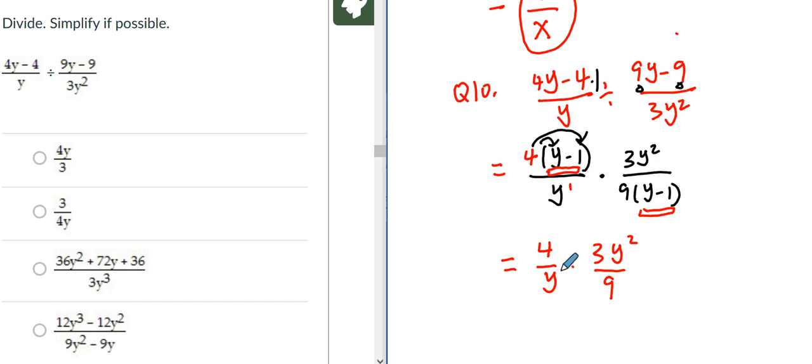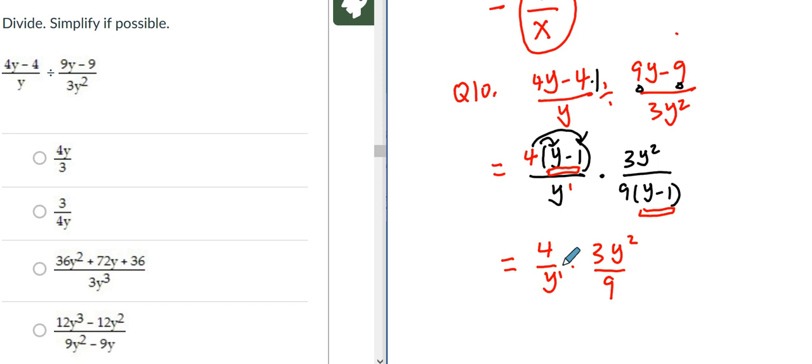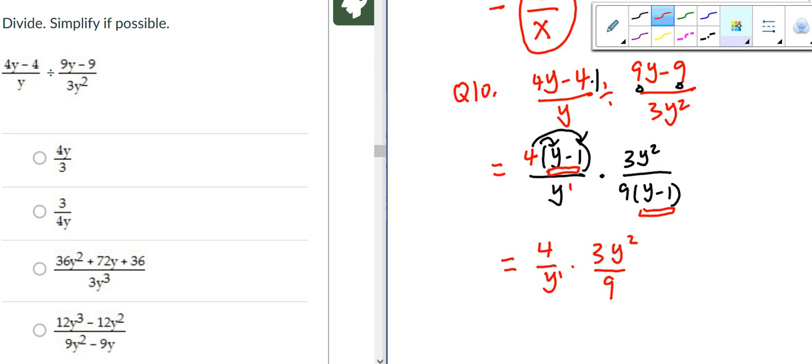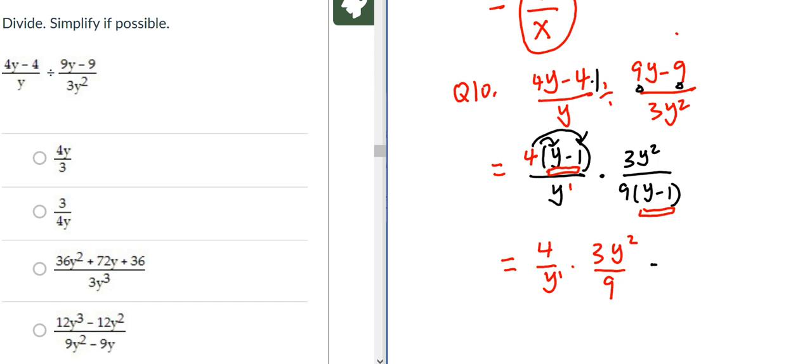Then you may do the cancellation with y. Okay? For cancellation with y, we may do 4 times 3 over 9, and there is a y.